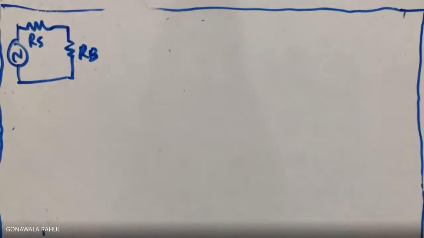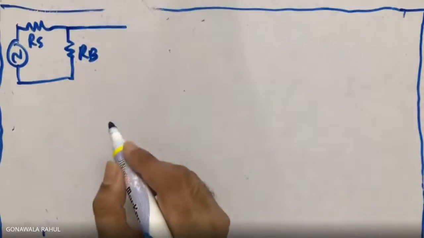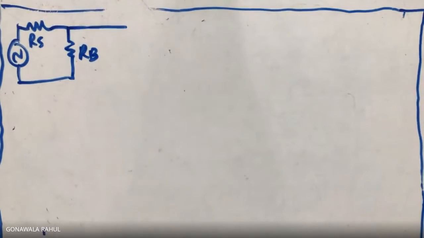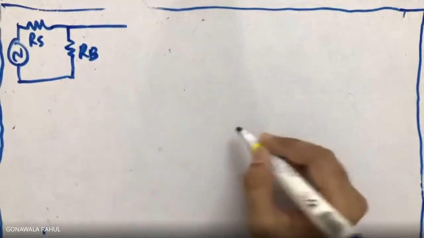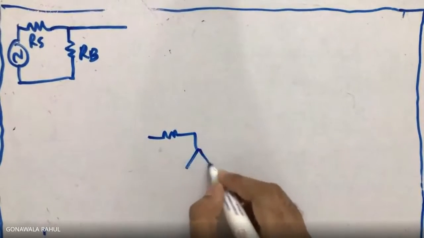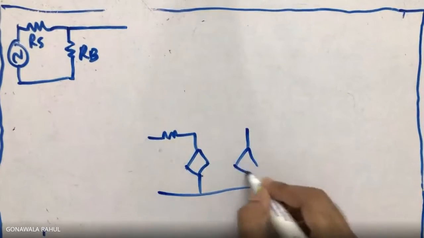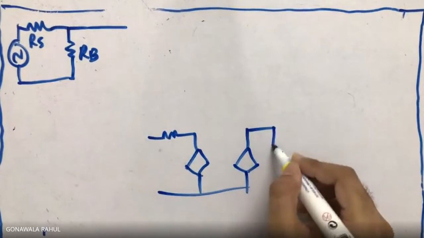What is RB? That we know, R1 parallel R2. Now the transistor is coming, so the transistor equivalent circuit I will replace it with this circuit, that you know very well.